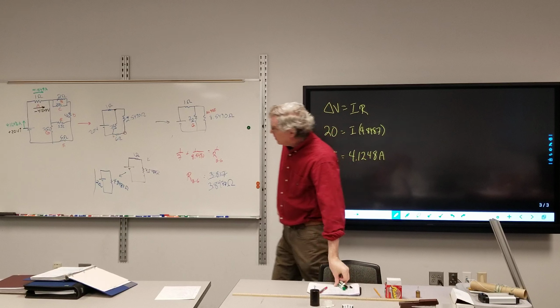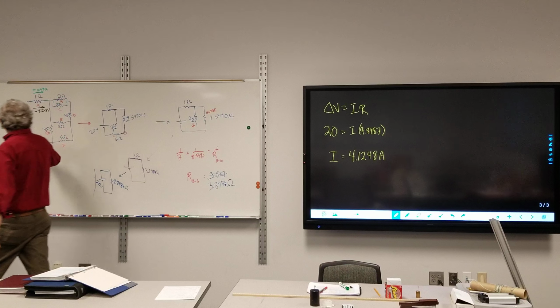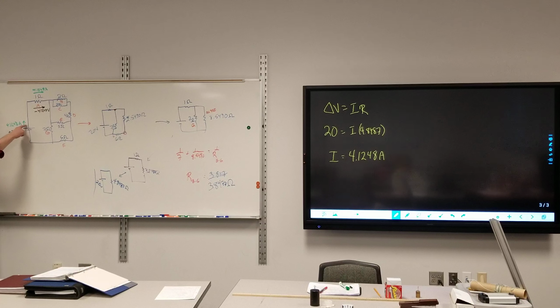Yeah. So if I start here, go across the battery from negative to positive, I gain potential. Going along, across here, I lose 4.1248, then come across G, so I have to lose the rest because I'm back at 0 again. How much do I lose going across here?